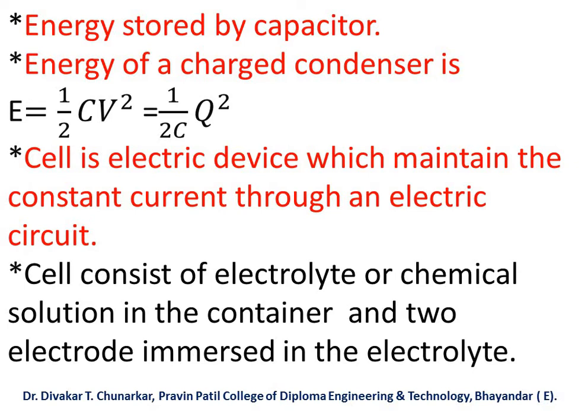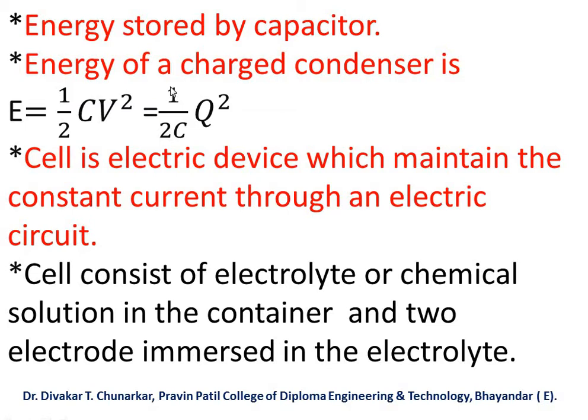The equation for the energy is E equal to half CV square, where V is the potential difference, C is the capacitance, and E is the energy stored. Or E equal to 1 upon 2C Q square. Keep in your mind, we use both equations to solve numerical problems.